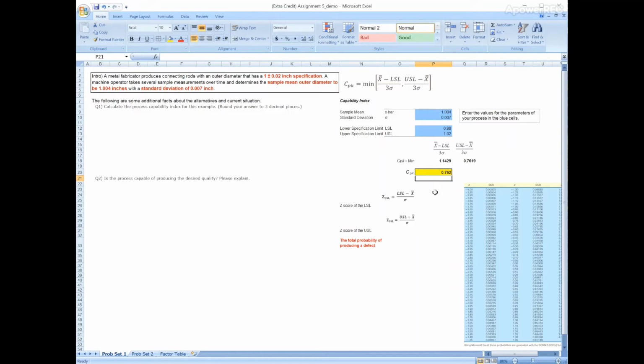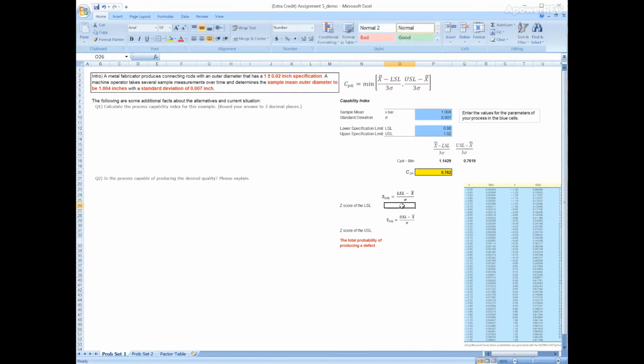Based on this information, I will show you how to determine what percentage of items produced will be defective in this process. We can calculate the actual probability of producing a defect using the z-score and the standard normal distribution. To do this, we first need to calculate the z-score associated with the upper and lower specification limits. The z-score is the number of standard deviations either to the right or to the left of 0 in a probability distribution. Here is the z-score table.